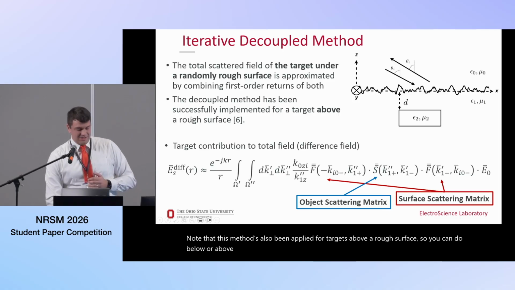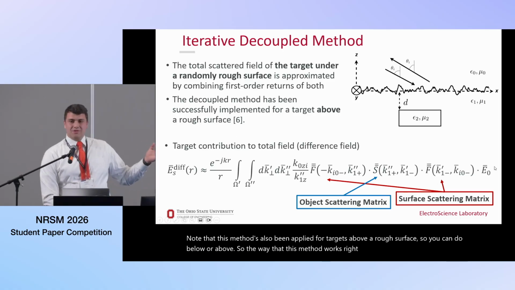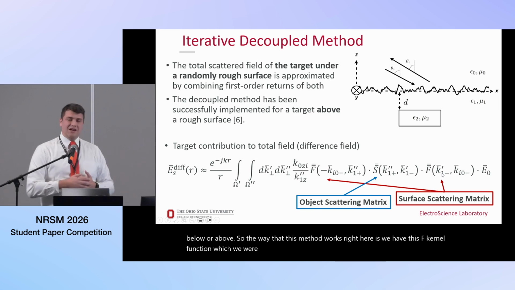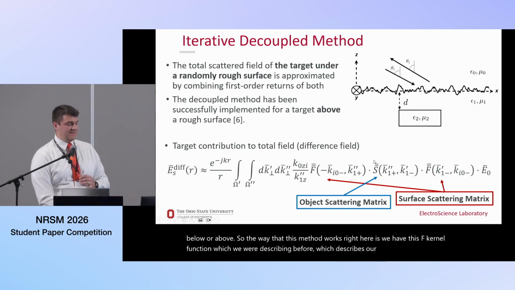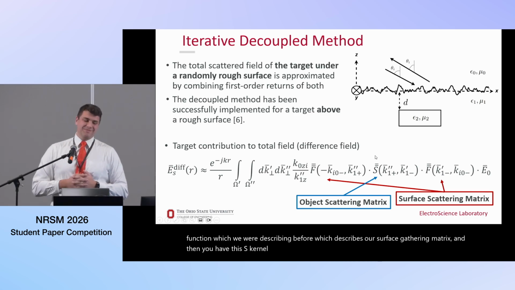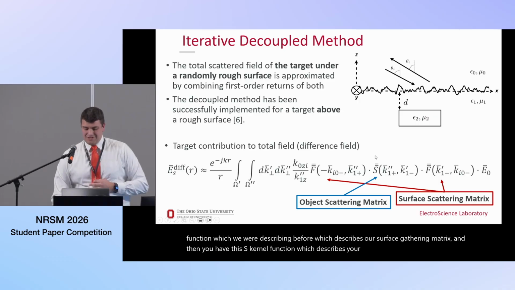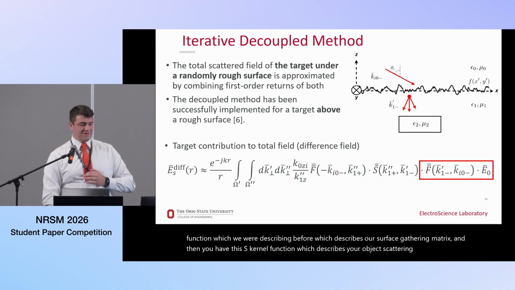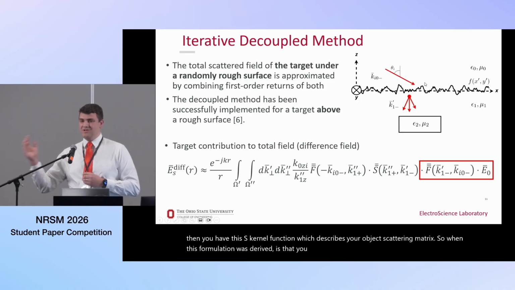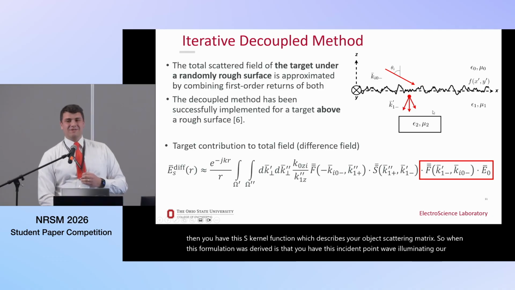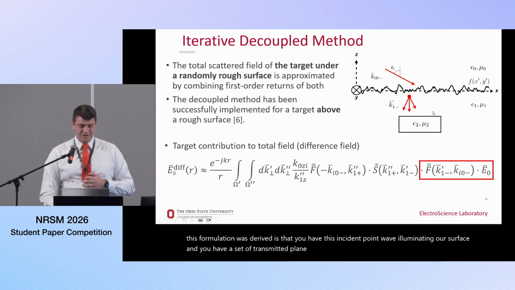So the way that this method works is we have this F-kernel function, which we were describing before, which describes our surface scattering matrix, and then you have this S-kernel function, which describes your object scattering matrix. The way this formulation was derived is that you have this incident plane wave illuminating our surface, and you have a set of transmitted plane waves going downward towards your target.